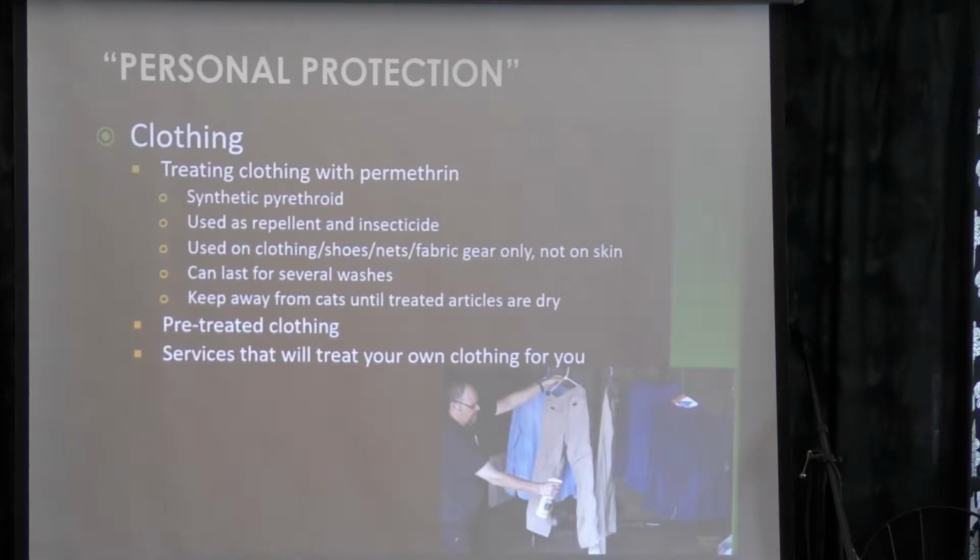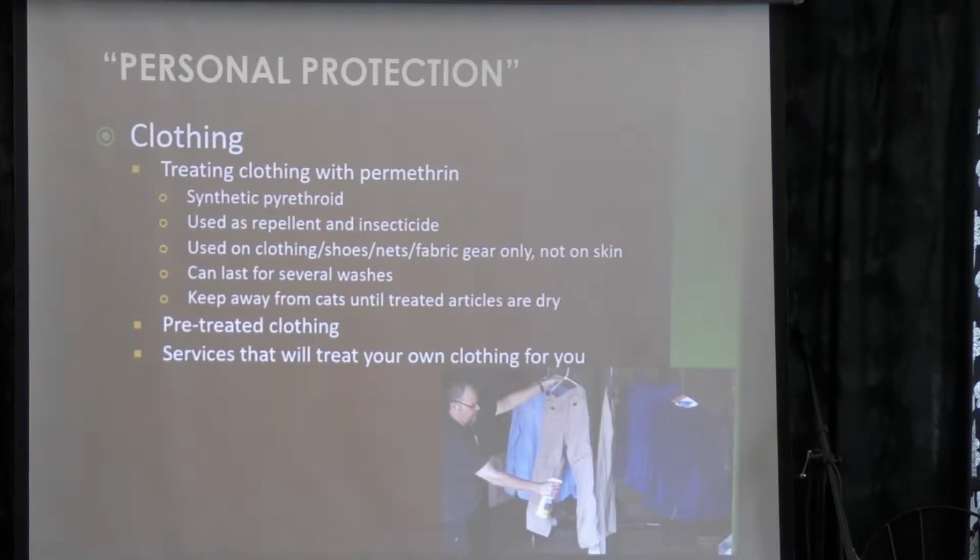Two things about permethrin. The first is that it's toxic to cats, not to dogs, just to cats. It's thought to be fine when it's dry, but you don't want to be treating clothing with permethrin in an area where a cat could be exposed to it. The other thing is that if you know you're going to a place where you're going to be wading, or it's going to be really wet, you don't want to re-wet clothing in a wetland area with the permethrin in it.